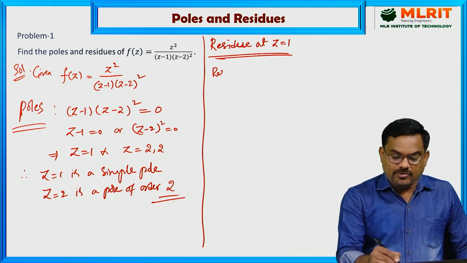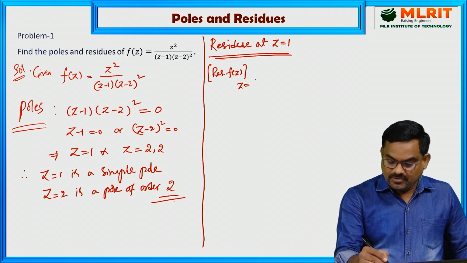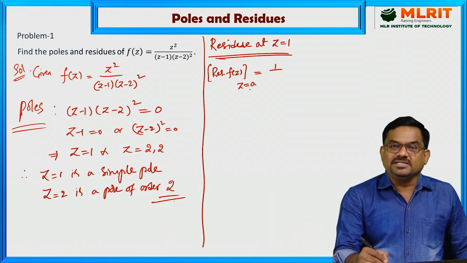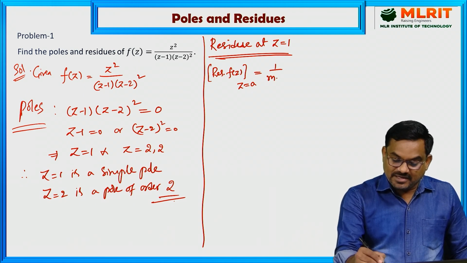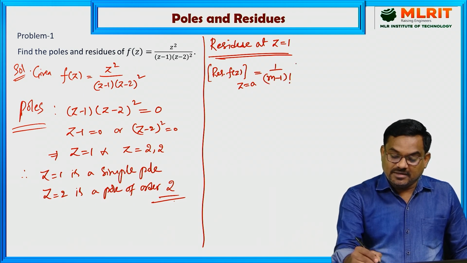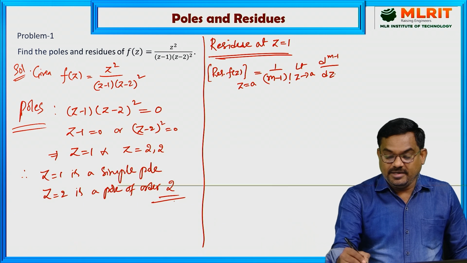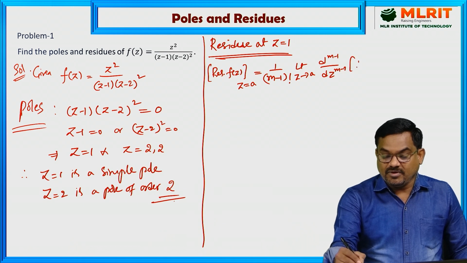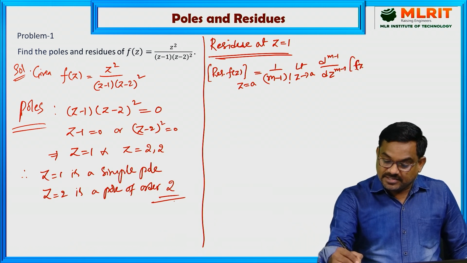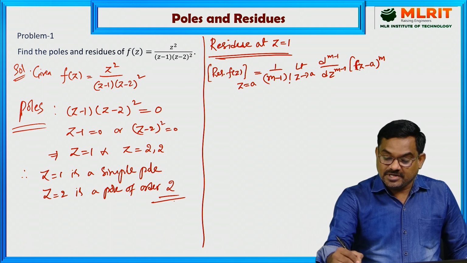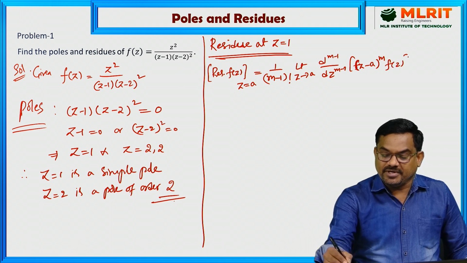Now the residue of f at z equal to a, if a is a pole of order m, is given by 1 by (m minus 1) factorial, limit z tends to a, d power m minus 1 by dz power m minus 1 of (z minus a) power m, because a is a pole of order m, (z minus a) power m into f of z.